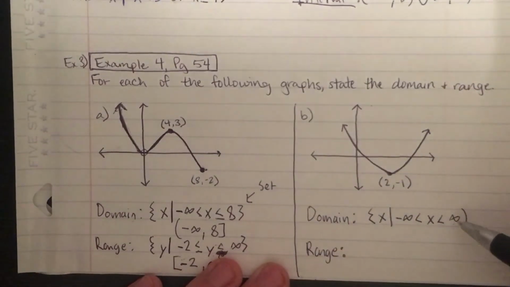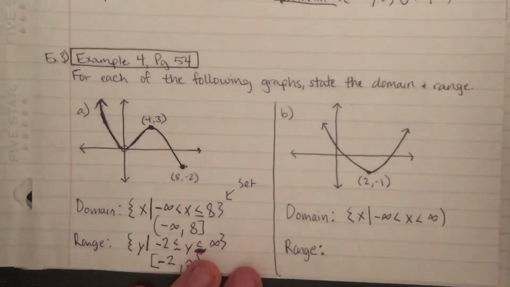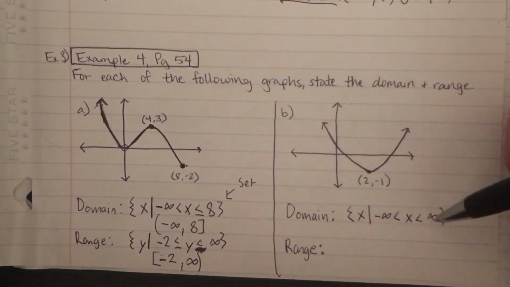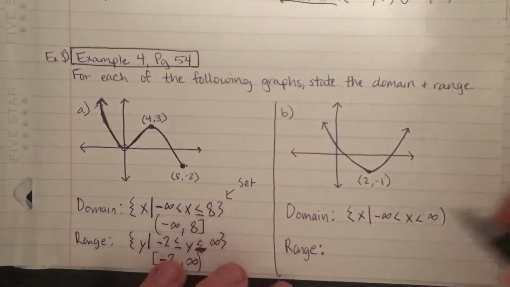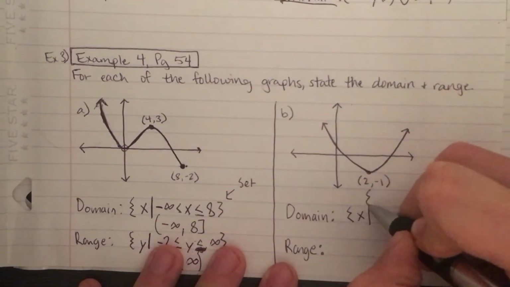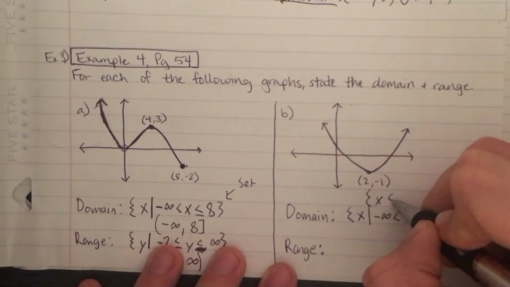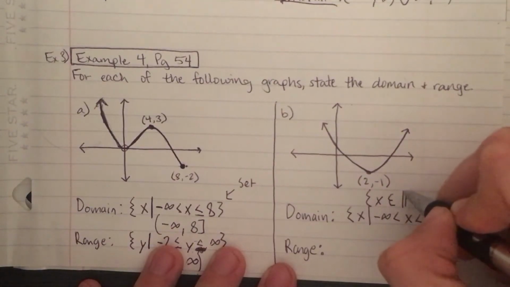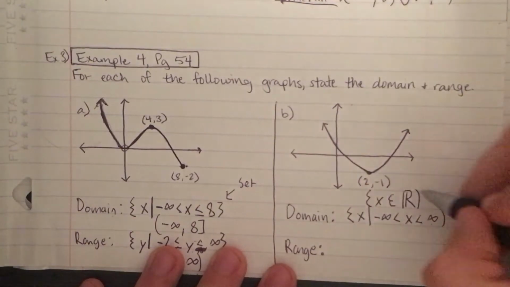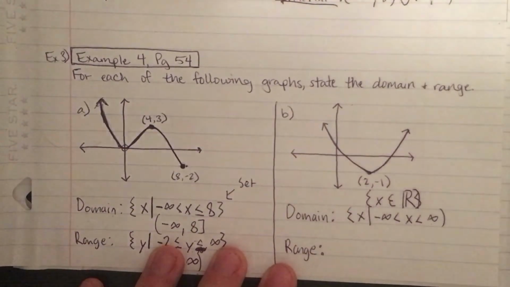If you can go negative infinity to positive infinity, you may see this written in shorter notation that says x is an element of the real numbers.